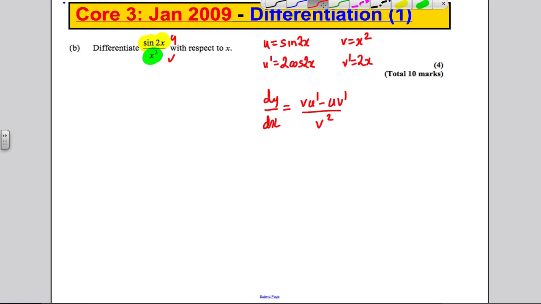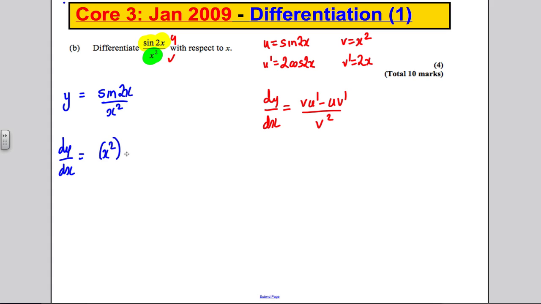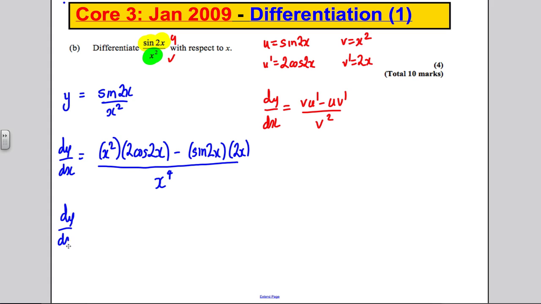And now substitute. So if y was your original function sine 2x over x squared, what's dy by dx? Well, dy by dx is vu dash, so x squared times 2 cos of 2x, subtract u times v dash, so sine 2x times 2x, all over v squared, which is x squared squared, which would be x to the power of 4. I think there is some tidying up we can do here.